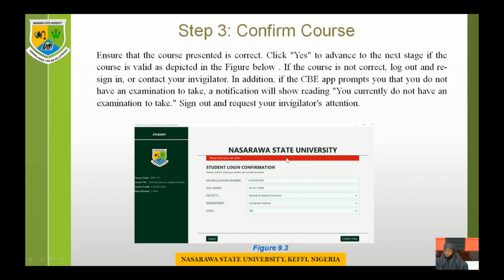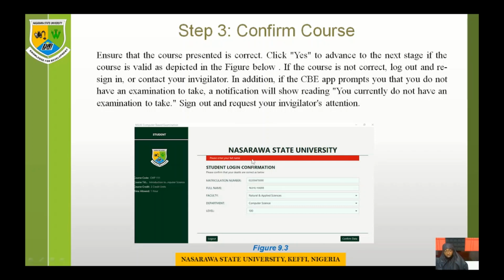Ensure that the course presented is correct. You click yes, that's the confirmed data, if the course is valid. If the course is not correct, log out and sign in again, or you contact the invigilator like I said earlier.